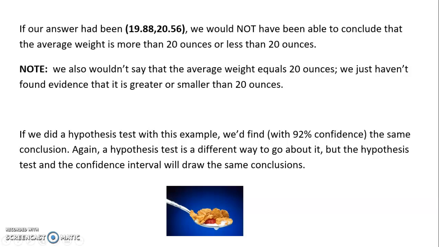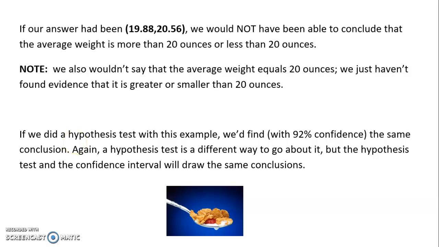In a criminal trial, a jury makes the decision if the defendant is guilty or not guilty. They never say that the defendant is innocent. They use the words not guilty. It's going to be the same kind of thing here. So we can't express that an equality statement is true, such as the average weight equals 20. But more on that a little later.